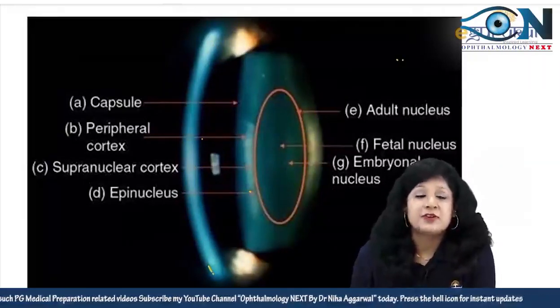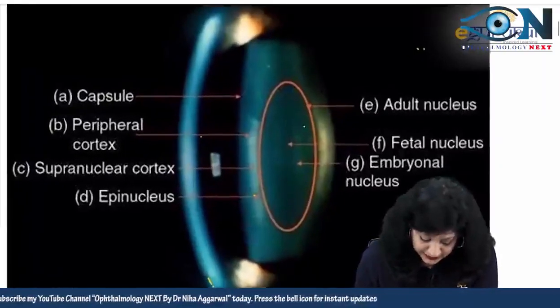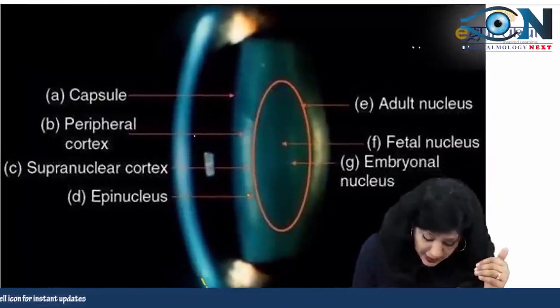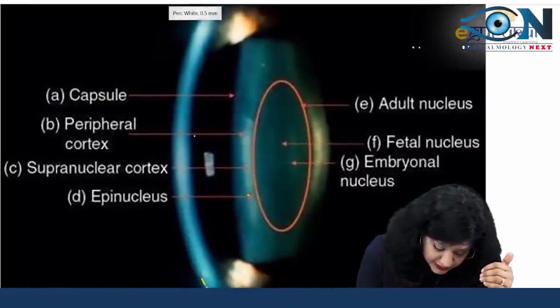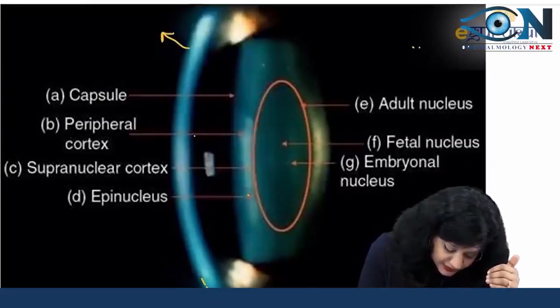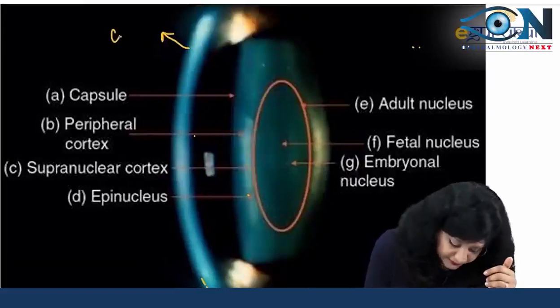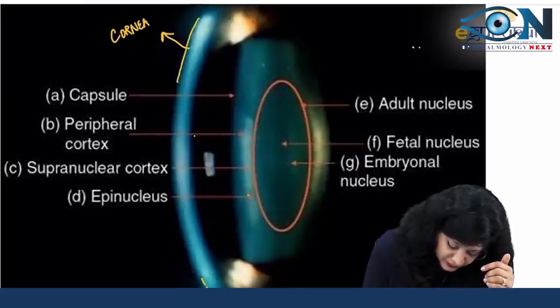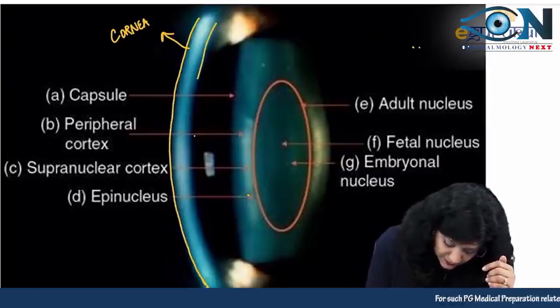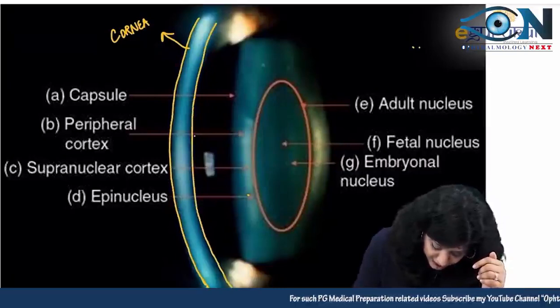So see, first of all, this is the slit lamp section you are seeing. Now the shadow that you see, something like this, is the cornea. We have 6 layers of the cornea. So this will be your anterior surface of the cornea, and this will be the posterior surface of the cornea.